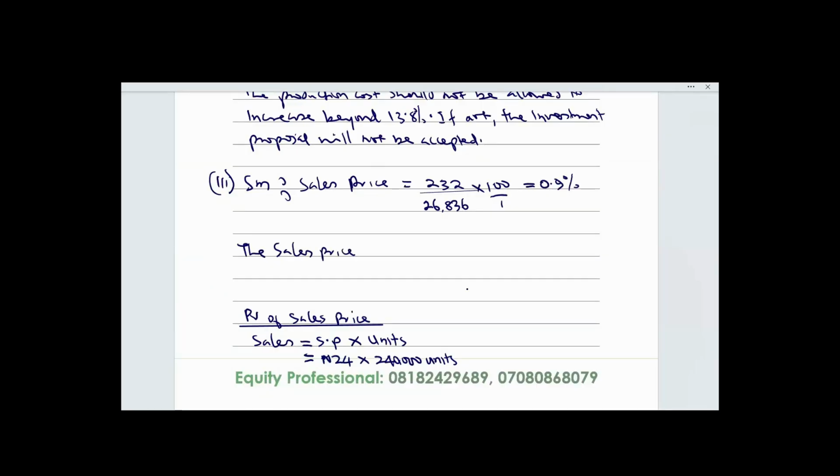So interpret: the sales price should not reduce or fall below 0.9%.